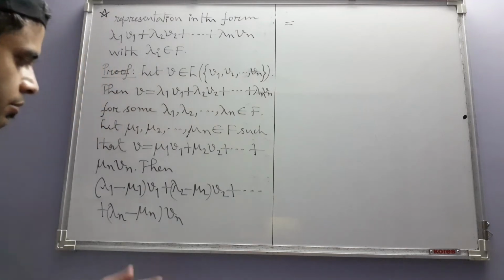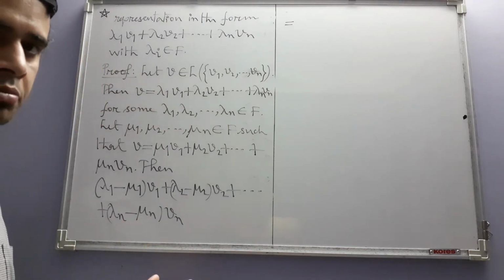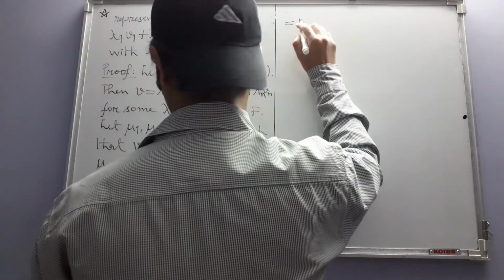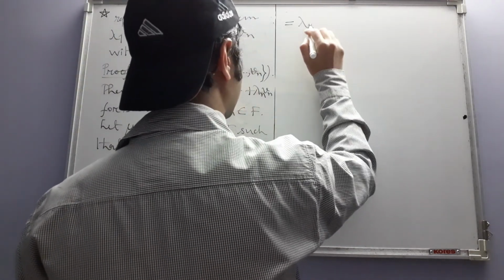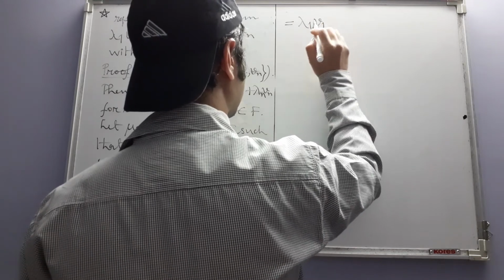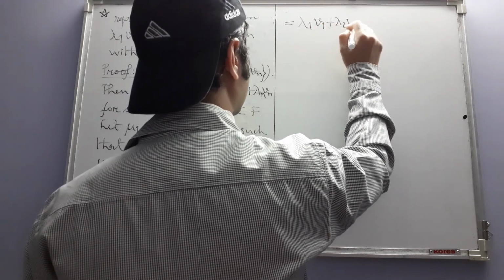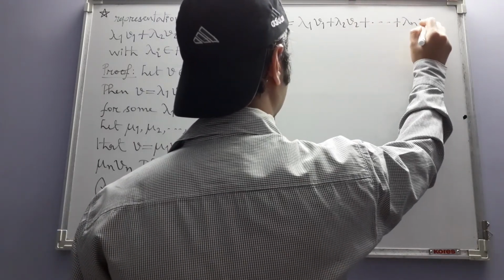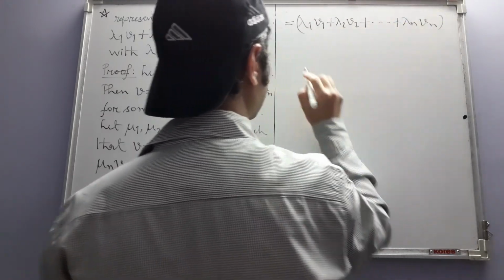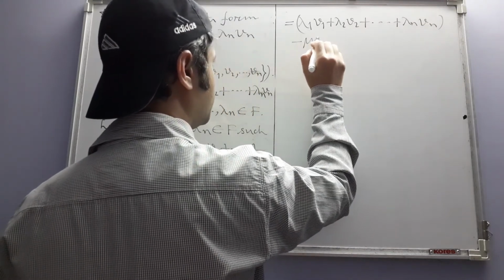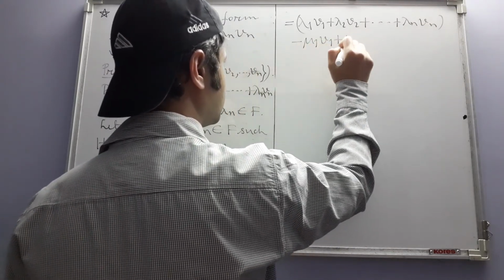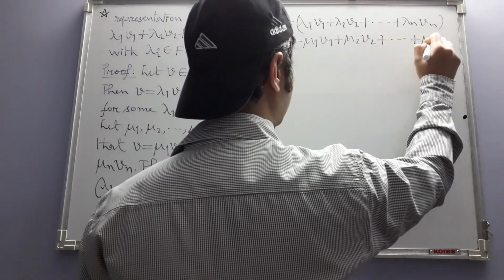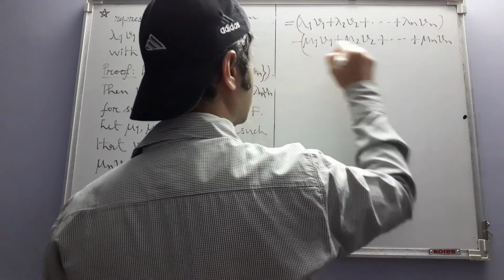using the elementary properties of a vector space, we can write this expression as lambda 1 v1 plus lambda 2 v2 etc. plus lambda n vn, minus mu 1 v1 plus mu 2 v2 etc. plus mu n vn.